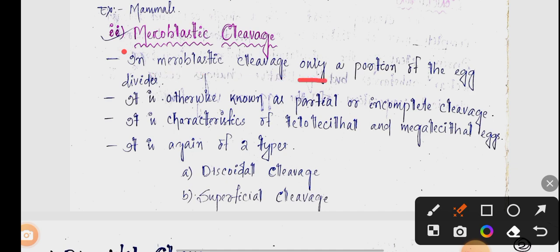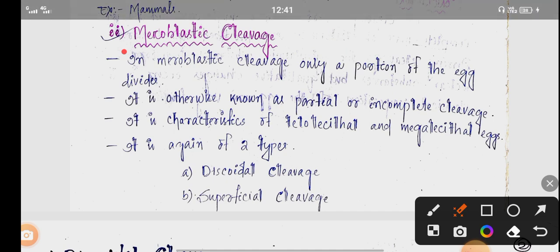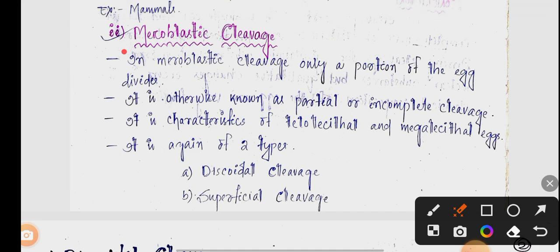In meroblastic cleavage, only a portion of the egg divides. It is otherwise known as partial or incomplete cleavage. So meroblastic cleavage is incomplete or partial cleavage, and holoblastic cleavage is complete cleavage.